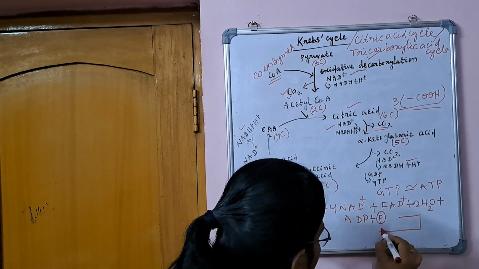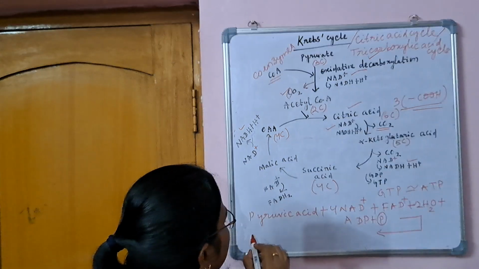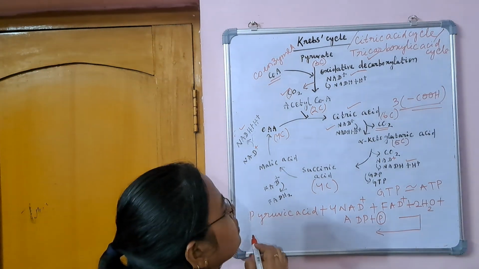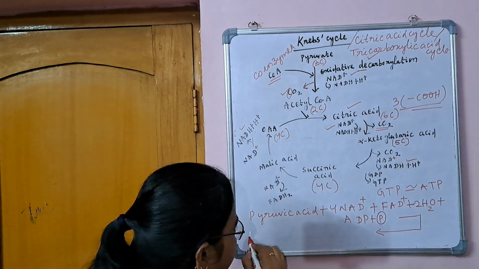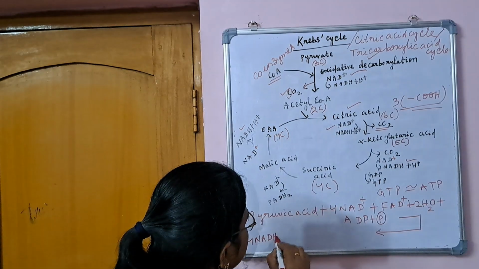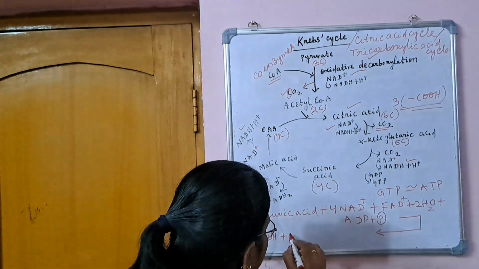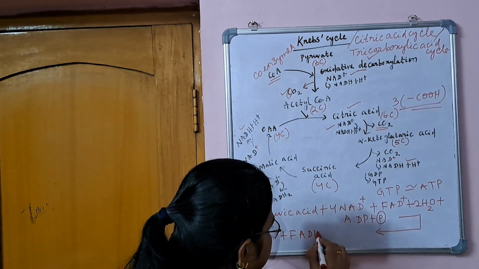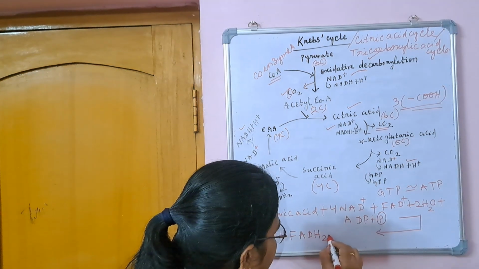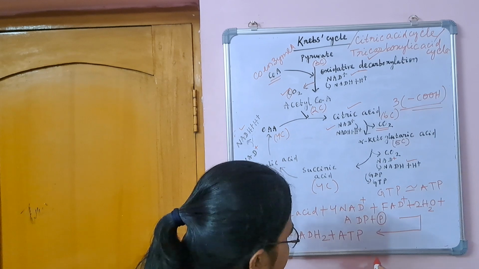So that will be converted into 4 NADH plus FADH2 plus ATP.